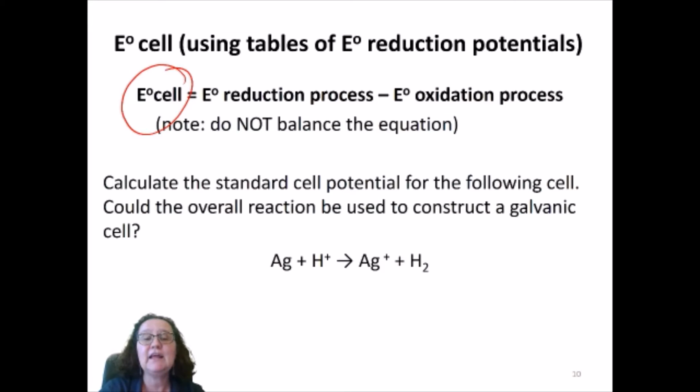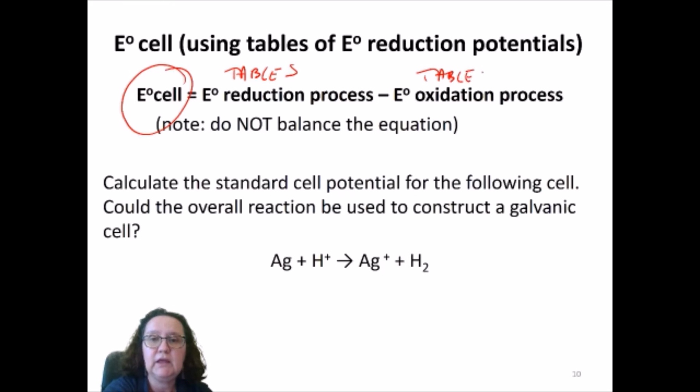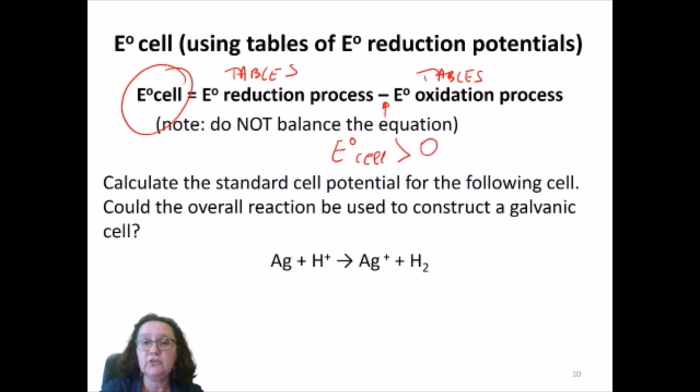And that is the electrode potential from the tables of the reaction involved in the reduction, and the electrode potential from the tabulated data of the reaction involved in the oxidation process, with a minus here. And if this electrode potential is a positive number, then we know that the reaction is going to be spontaneous, and that is potentially a viable galvanic cell. That particular redox pair will produce a current.